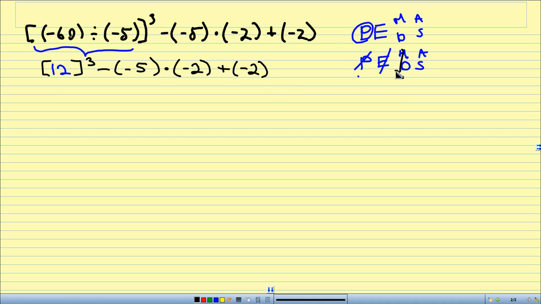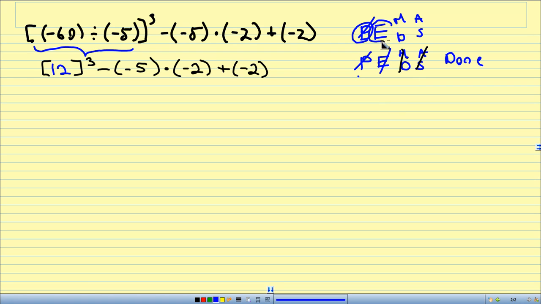Is there any addition and subtraction I can do inside the brackets? No, I can't. So now I'm done with the inside of the bracket. I'm going to go back to the outside over here, and there are no other parentheses I can simplify, so I'm done with that.